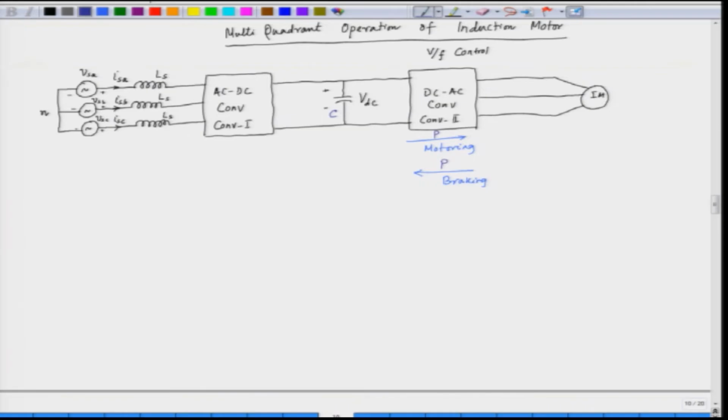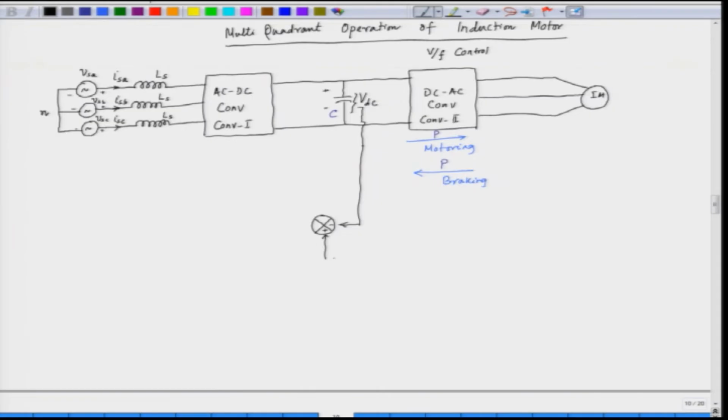So, what we have to do here is monitor the DC link voltage. So, the DC link voltage is being monitored by a sensor, and this voltage is fed back, and what we have here is a comparator, which is basically a subtractor.